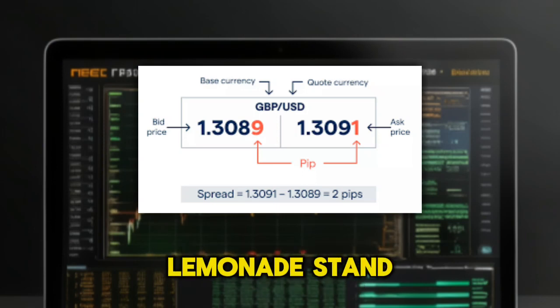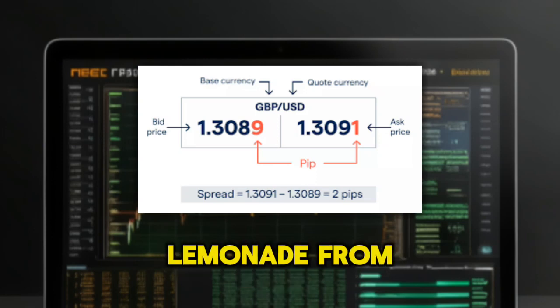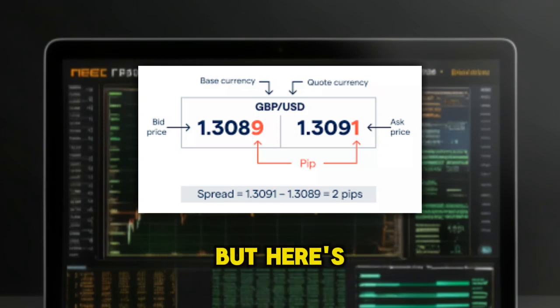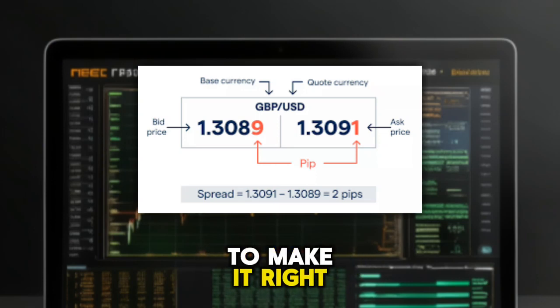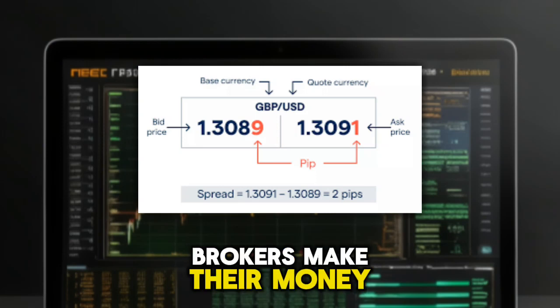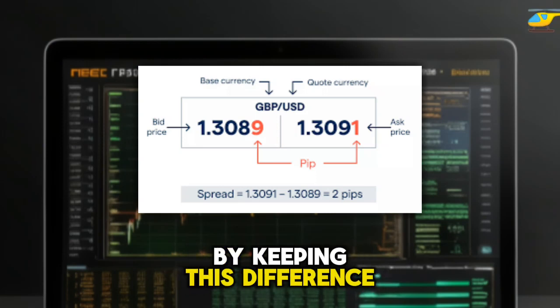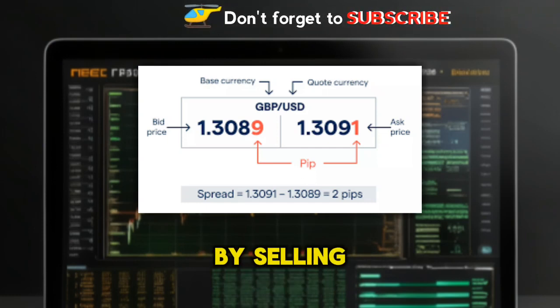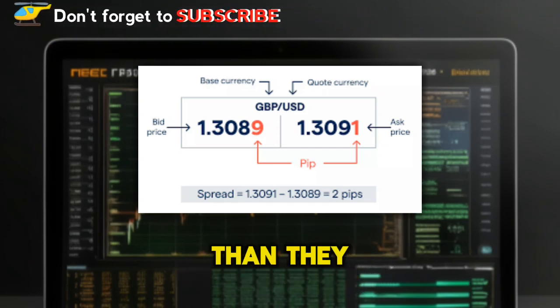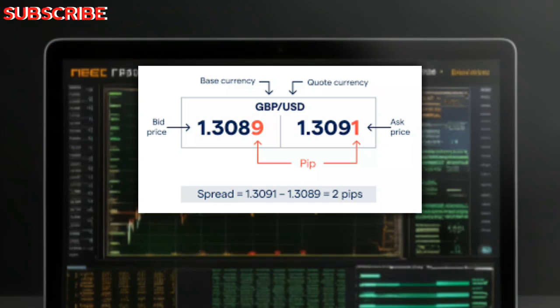Imagine you're at a lemonade stand. You want to buy lemonade from the seller, but here's the deal. When you buy a glass, you pay a little more than what the seller paid to make it, right? That extra money you pay is like the spread in Forex trading. Brokers make their money by keeping this difference, just like the lemonade seller makes a profit by selling you lemonade at a higher price than they bought the ingredients for.